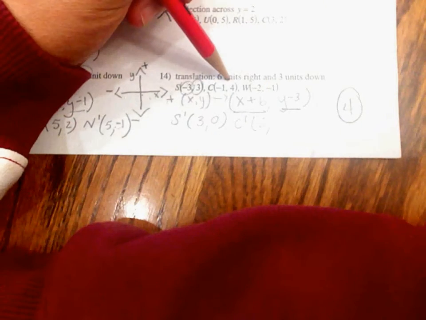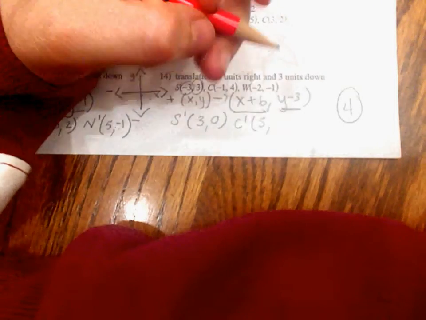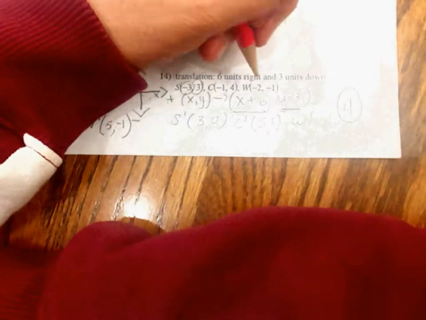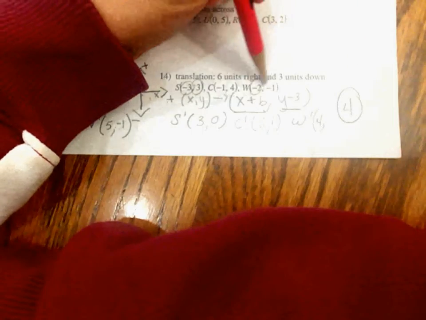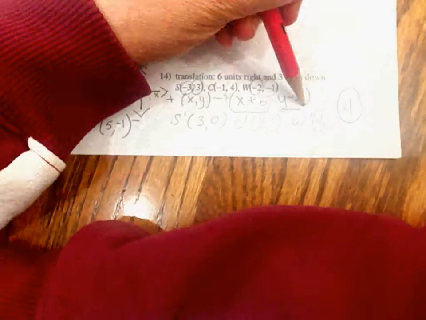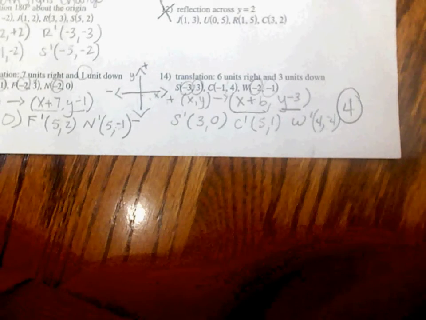My y value is 4, so I'm going to do 4 minus 3, and that is 1. For W, we have -2 is my x, so -2 plus 6, that's 4. And my y is -1, so -1 minus 3 is -4. And those are your new coordinates after the translation.